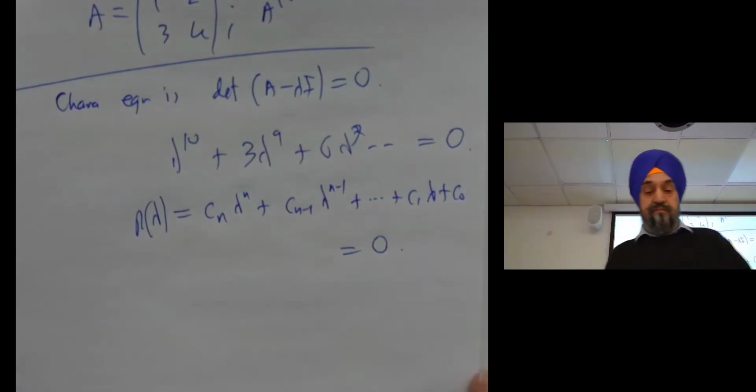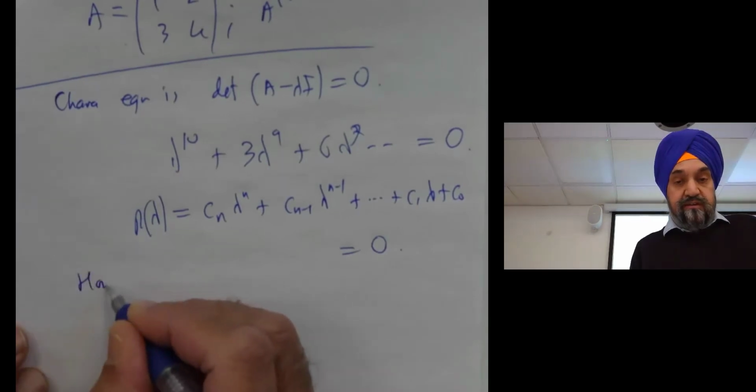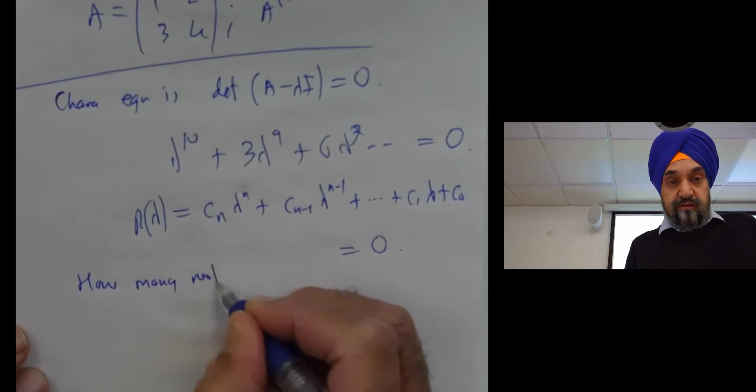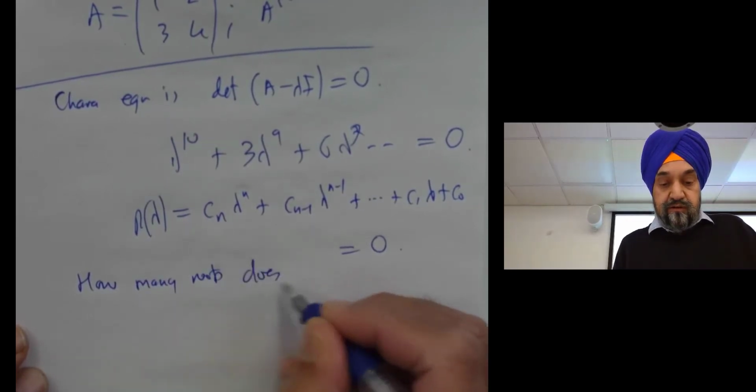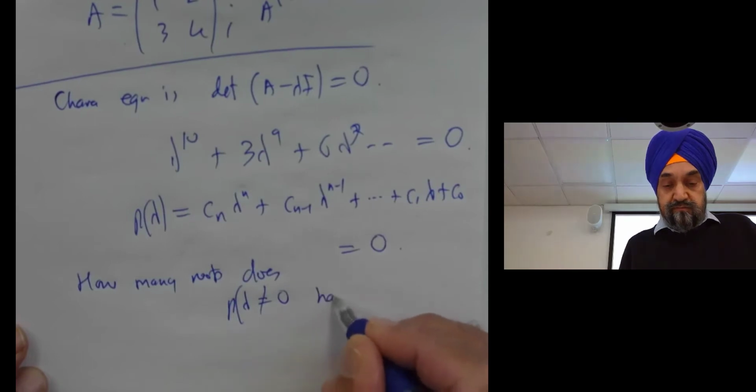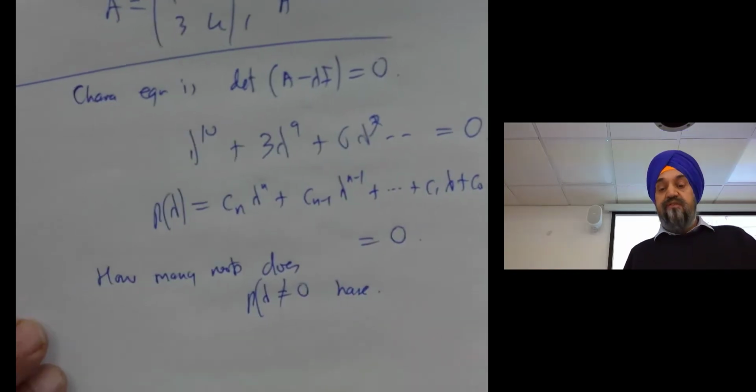So how many roots does p lambda equal to 0 have?